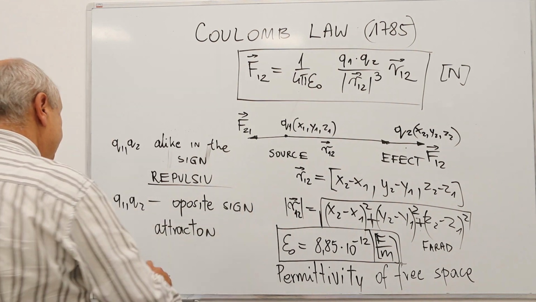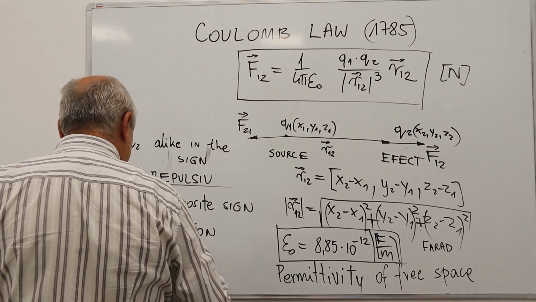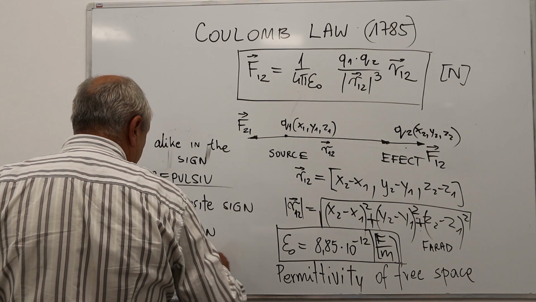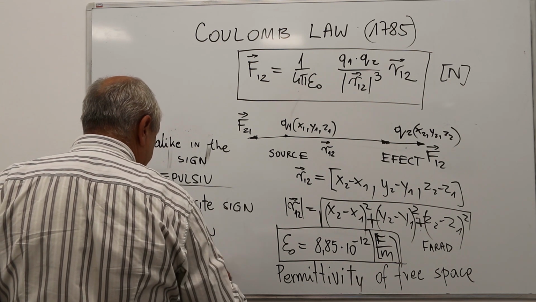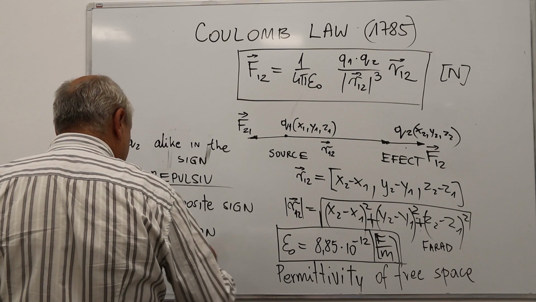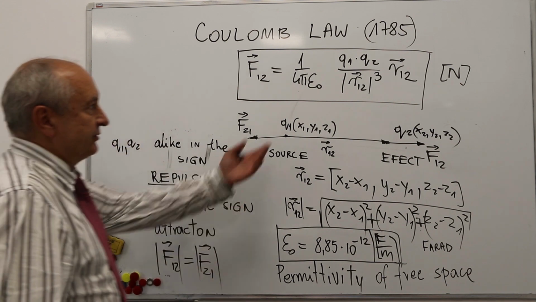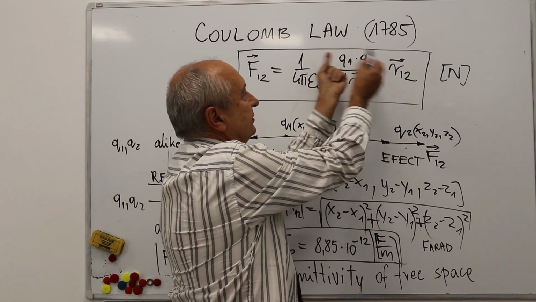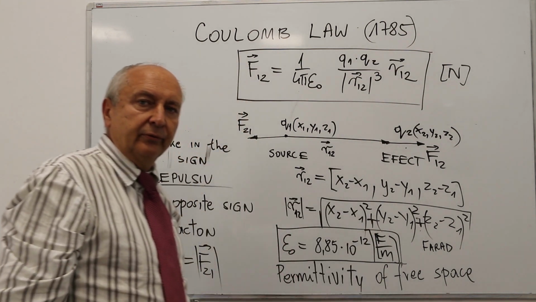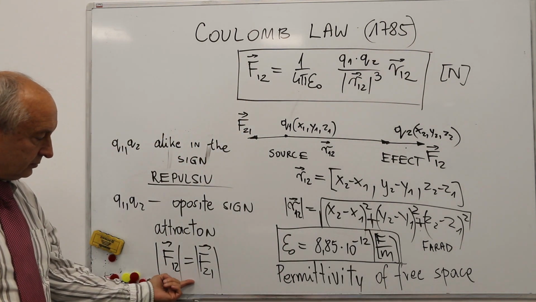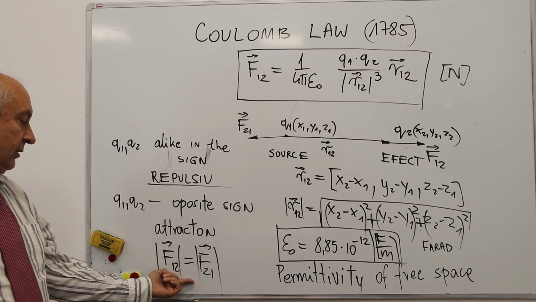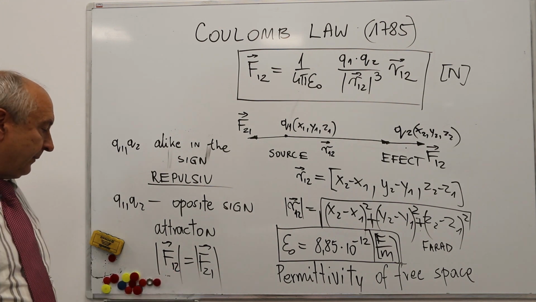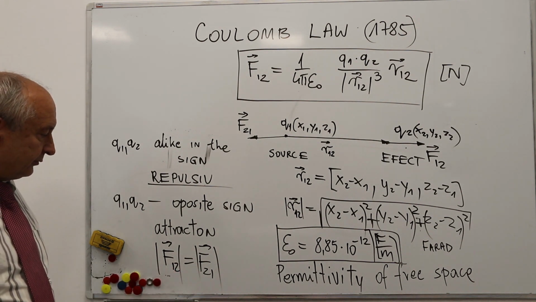And we can easily see that force 1,2 is equal to force 2,1, because we only exchange Q2 with Q1, so it is easy to find that F12 is equal to F21.